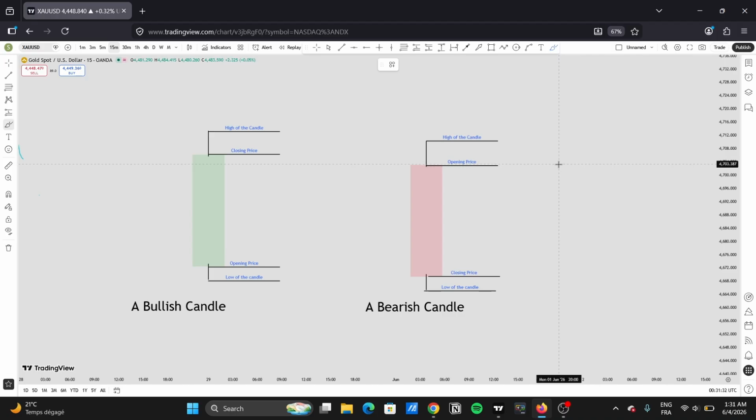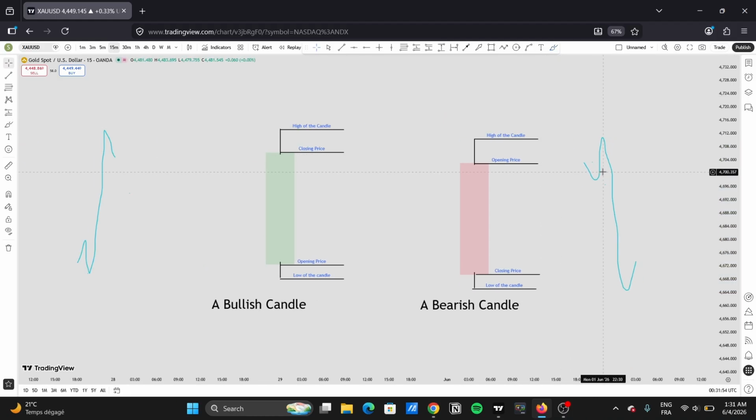So we opened here, then came higher and made the high of the candle, then pushed down, down, down, and made the low of the candle, and then closed here. This is the lifeline of a bearish candle, and this is the lifeline of a bullish candle.